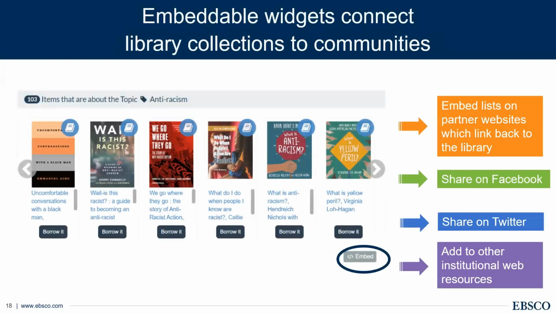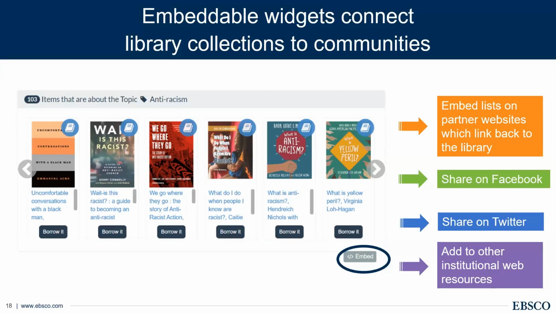So there's a lot of different ways that you can go about doing this. One is you can just do a search within your BIBFRAME resources on the topic of anti-racism. And it's going to bring back everything that you have, in this example, 103 items, all on that particular topic. Whether I want to share that on a website or on an event page or a program, or maybe you're sharing it with the local school that's doing a awareness day.